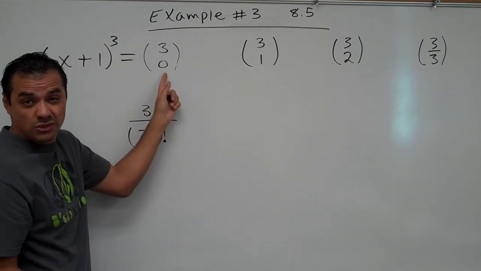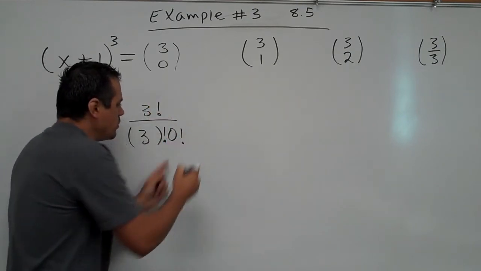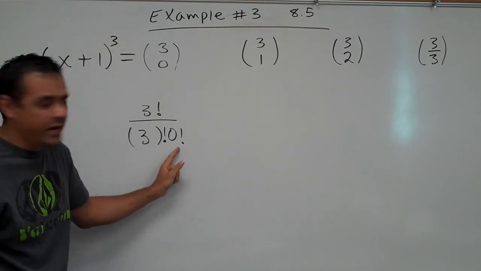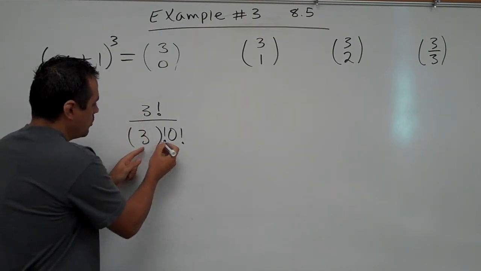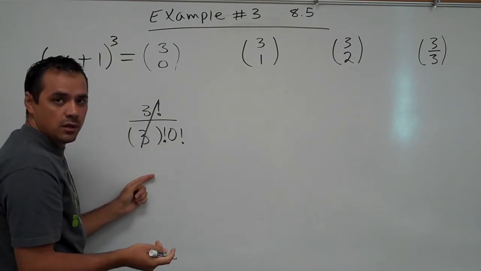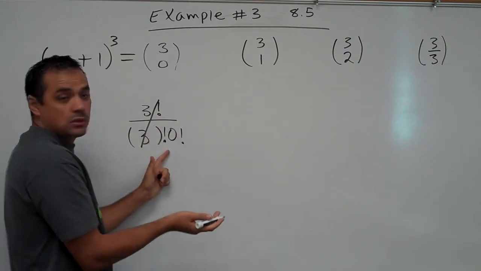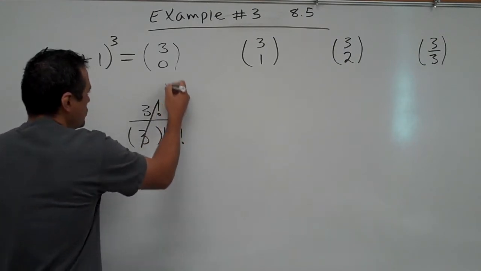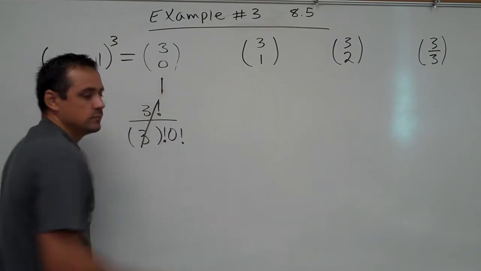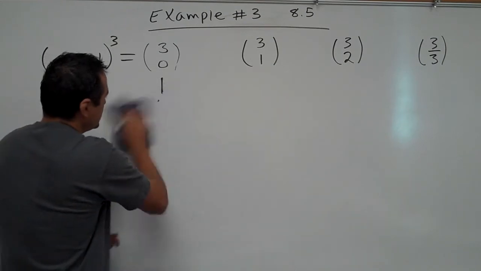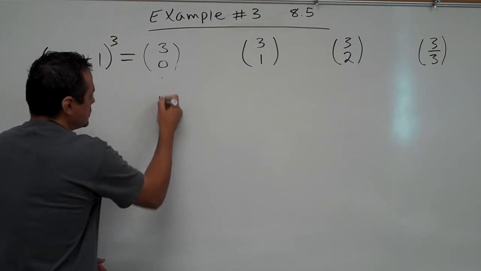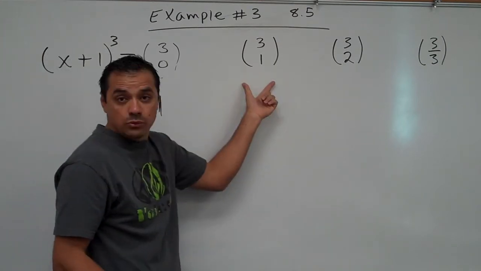Well, in this case, r was 0. And remember, you know that 0 factorial is actually 1, right? So what happens? 3 factorial over 3 factorial is just 1, right? 1 over 1 is 1. So this actually happens to be just 1. I'm going to move this down a little bit right here, but that's what it was. This is 1. So now, let's do the work for this one.